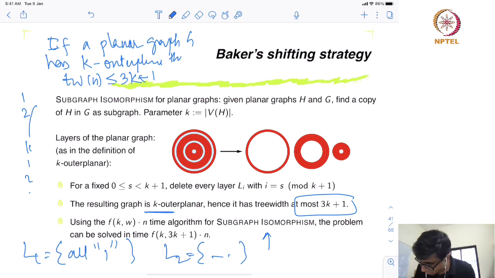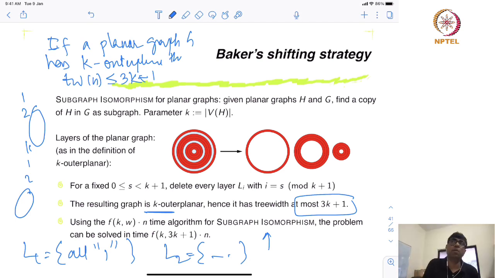The tree width of a graph is the maximum of the tree width of its connected components, and each connected component has at most k layers. So, the tree width of each connected component is at most 3k plus 1, which implies the tree width of the whole graph is at most 3k plus 1, and you will be able to find this pattern. I hope this is clear.